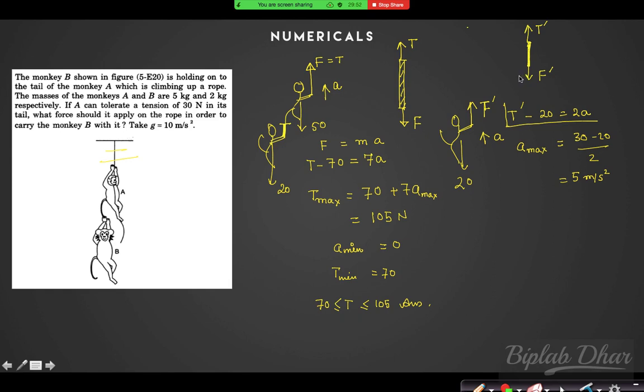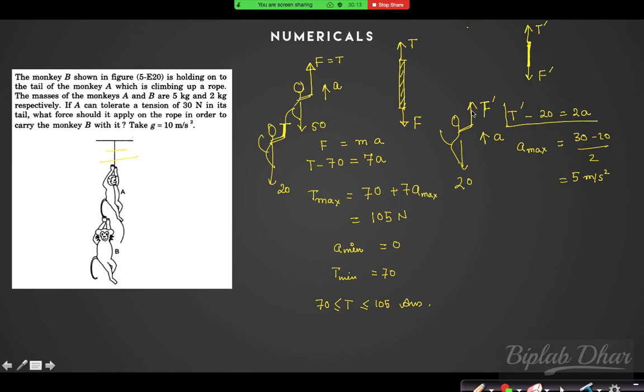I have drawn the free body diagram of this part of the tail, the upper monkey's tail. The lower monkey is applied a force F prime by that tail.